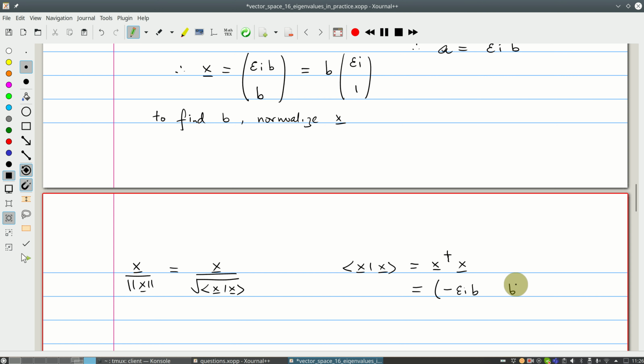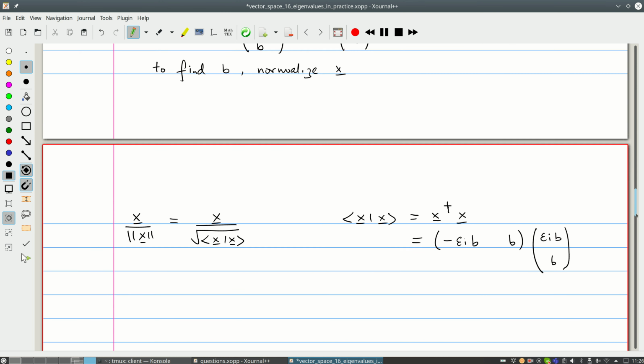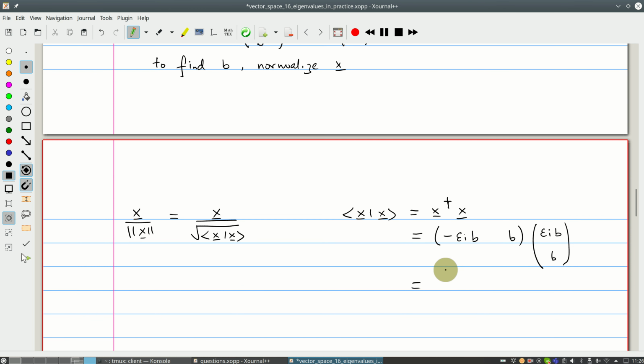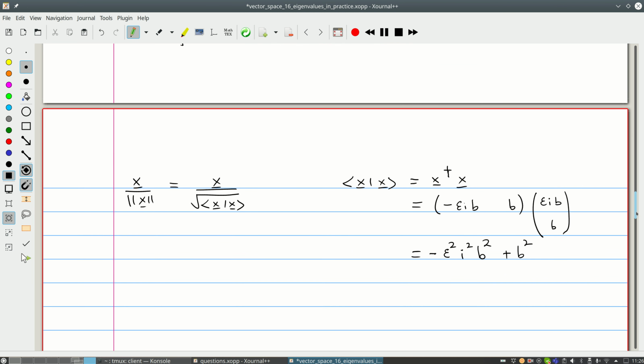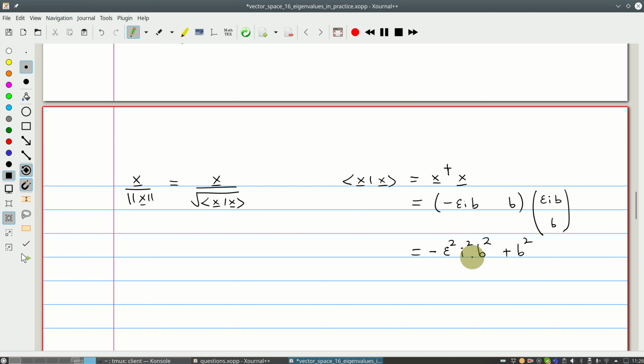Then we have that times x, which is the column vector (epsilon i b, b), and this gives us minus epsilon squared i squared b squared, that's this times this, plus b squared, that's that times that. Now epsilon is either plus 1 or minus 1, therefore epsilon squared is just 1, i squared is minus 1, so this gives us minus 1 times minus 1, that's plus, so we'll have 2b squared.